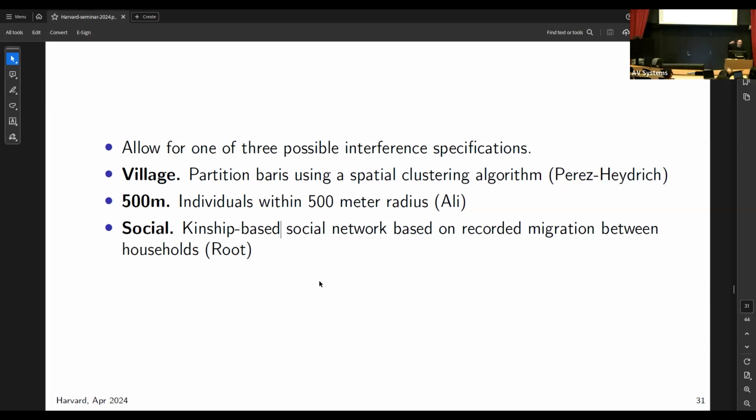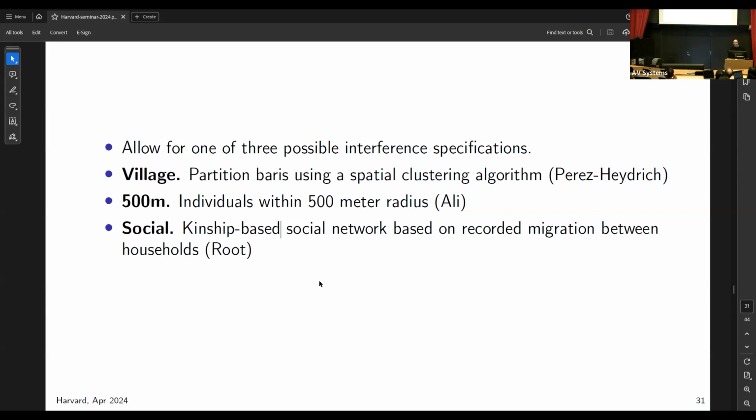I'm going to show you three different results. This method requires you to make some assumption ahead of time about the interference structure. So we want to know how robust the results were to that assumption. So three different interference structures are assumed. One is that we could put individuals into clusters based on where they live, which is essentially the type of assumption that we made about the interference structure in the analyses I showed you earlier.